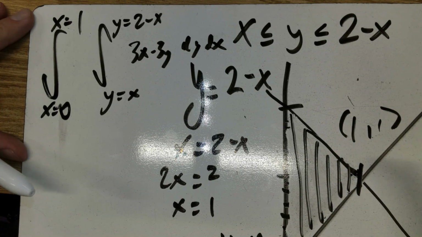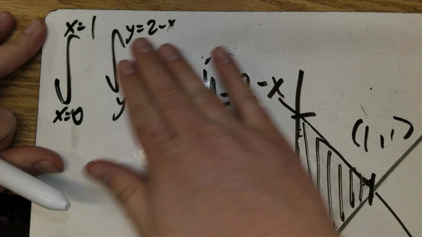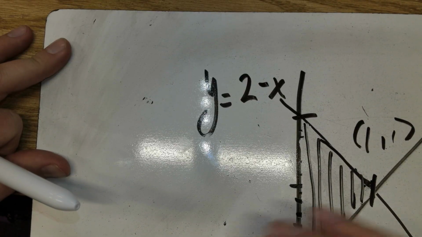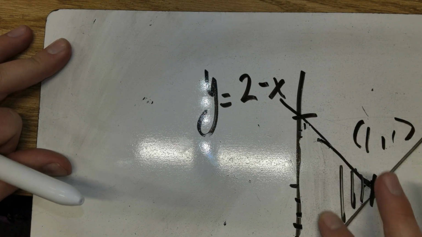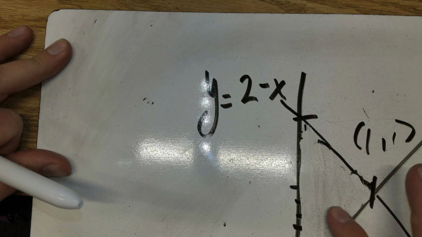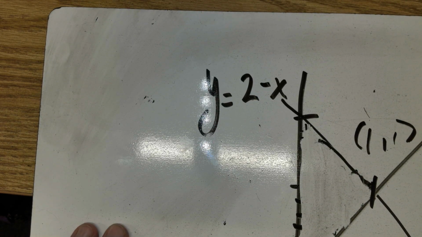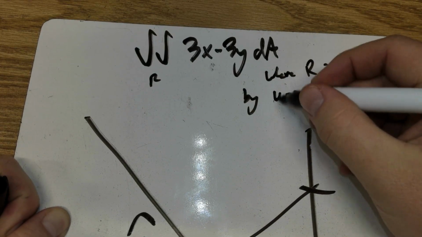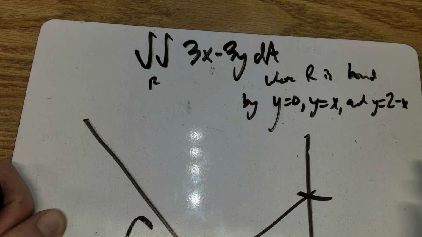Now, what if I change my region just a small amount? What if instead of the left side of this triangle, instead of being bound by x equals 0 originally, I said it was bound by y equals 0?